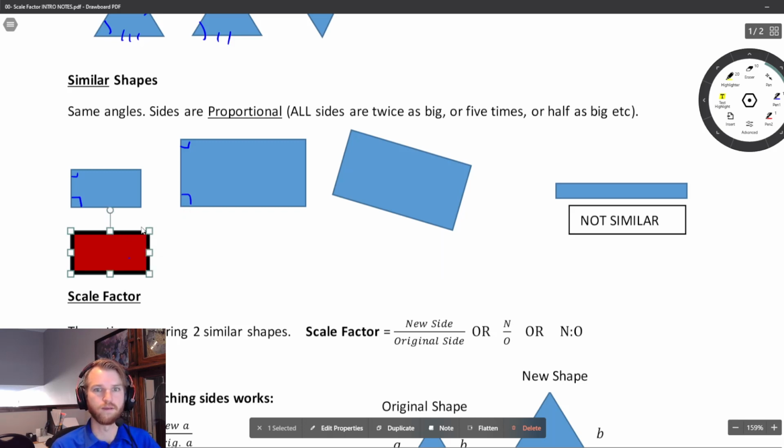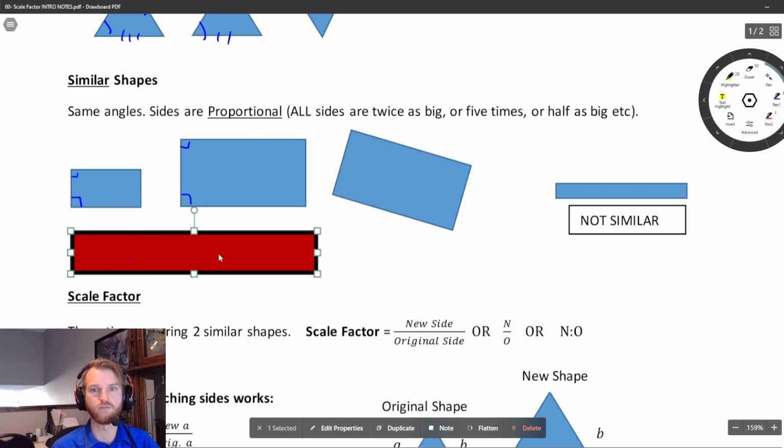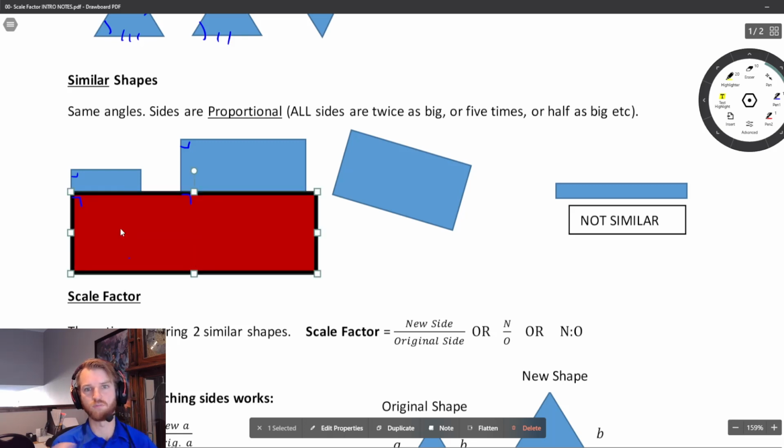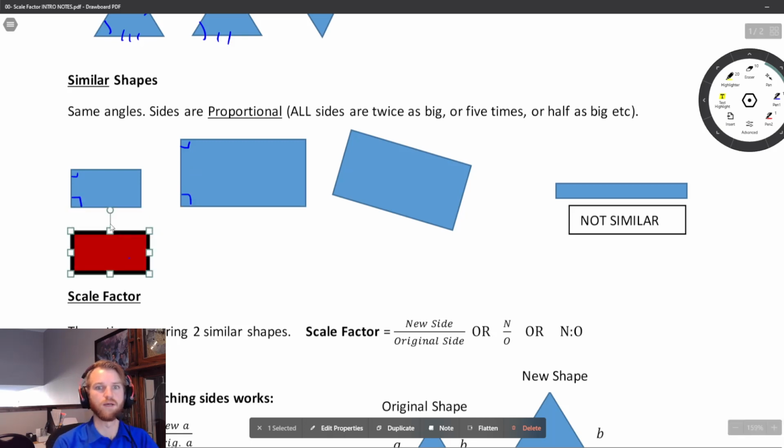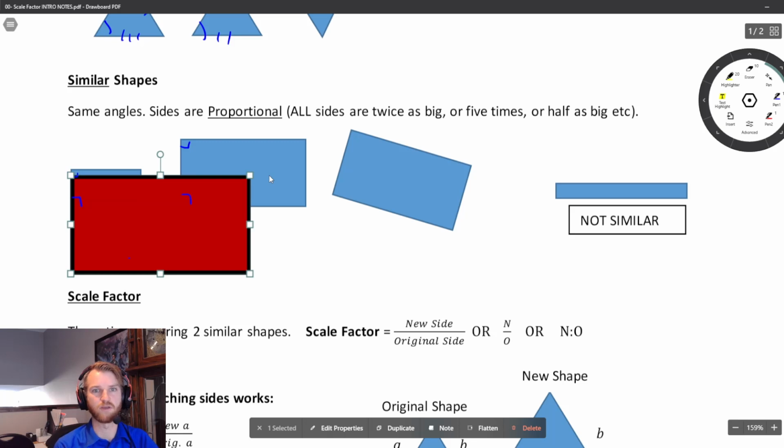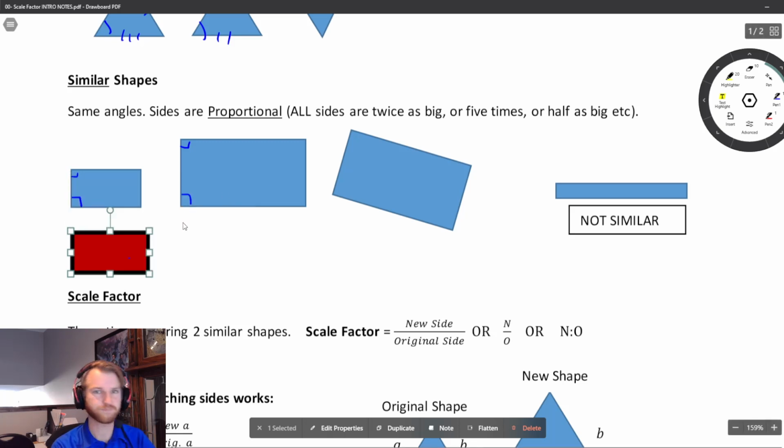Or maybe it got 3 times as wide and twice as tall, but it's stretched, it's been distorted. So two shapes are going to be similar if they've been stretched evenly. All their sides are getting bigger by the same number. They're all being multiplied by the same number.